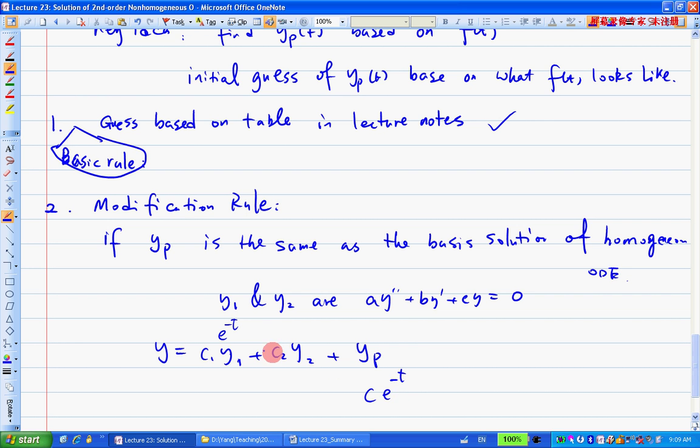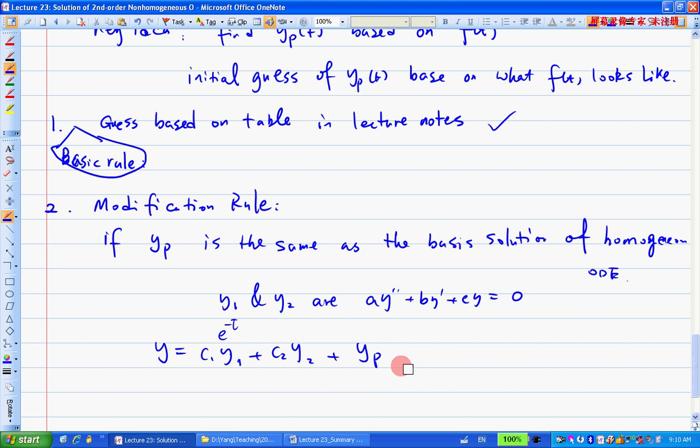You look at this one here, they're the same thing. They're linearly dependent, right? So if they're linearly dependent, why do I need this yp here? It's already here, so it doesn't make any sense to have another similar term. This is why we need to make a modification here.